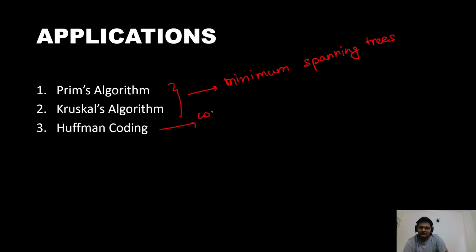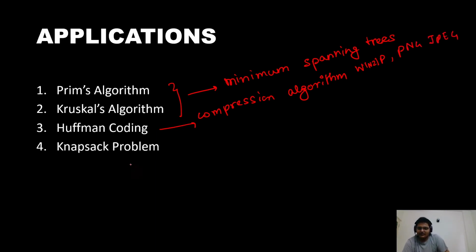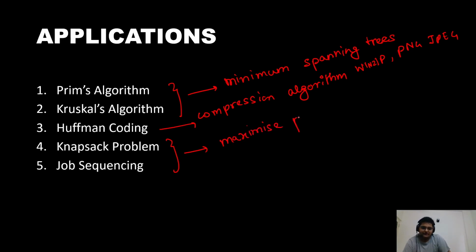This is a compression algorithm which is used in famous softwares like WinZip, and in image formats such as PNG and JPEG. Then we have knapsack problem and job sequencing problem. Both these problems are to maximize productivity or profits.